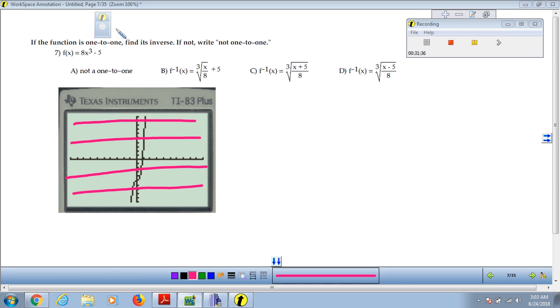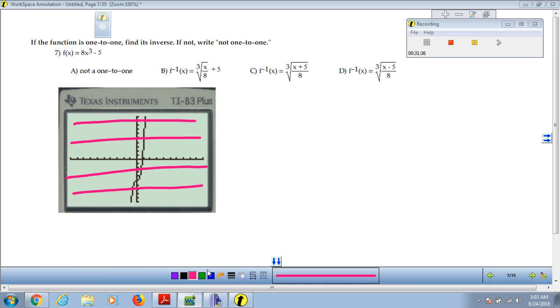In this kind of question, it's a given that if they're asking you to find the inverse of an equation, the graph has to be a 1 to 1. I just did this for you to recall this concept so that you don't get confused and wonder how to check if it is a 1 to 1. Basically, you just graph it, pass a horizontal line through it, and that's the easiest way to check.